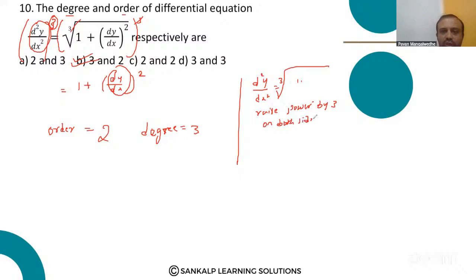So it will become like this. By raising the power by 3, the cube root and 3 will get cancelled. Then the rest I already explained. So go to the next question. Let's move to the next question now.